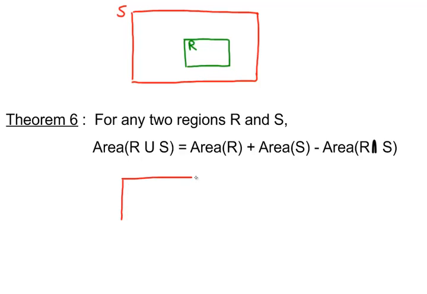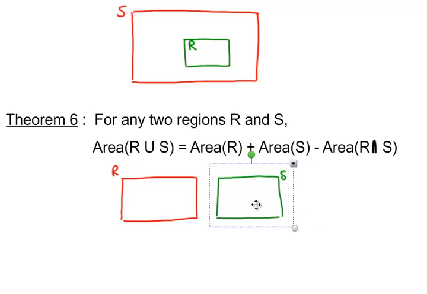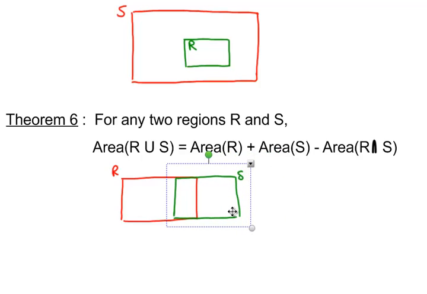So here I'm going to have R, and here I'm going to have S. We're saying that the union of these two, that means everything, remember what I said, is going to be equal to the area of R plus the area of S. That's true, but remember we have to subtract this intersection, and the reason we have to subtract it is because technically we're counting it twice.